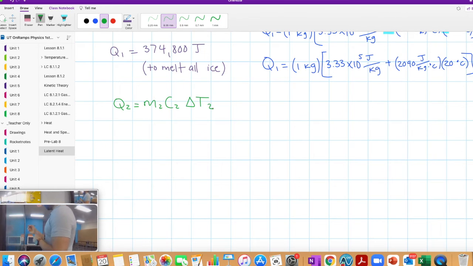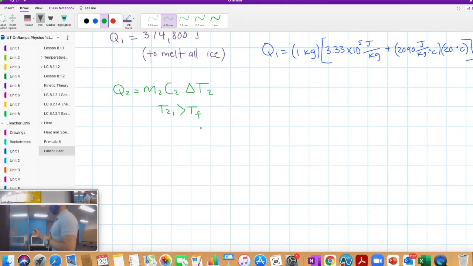We know that the original temperature of water, which is 2 degrees, is higher than 0, so we want to know all the energy that it can provide from 2 down to 0. So temperature 2 initial is greater than temperature final, which is 0 degrees.